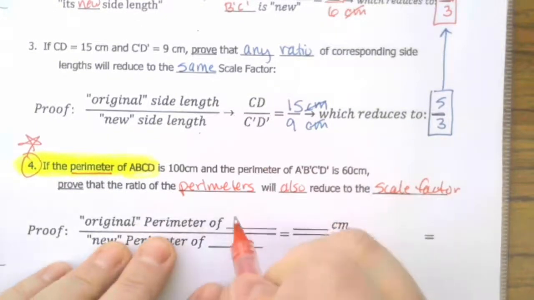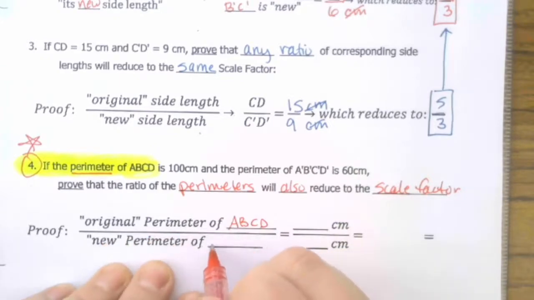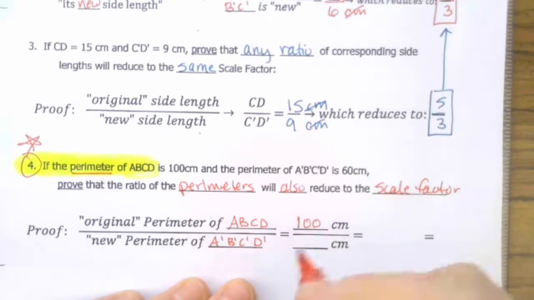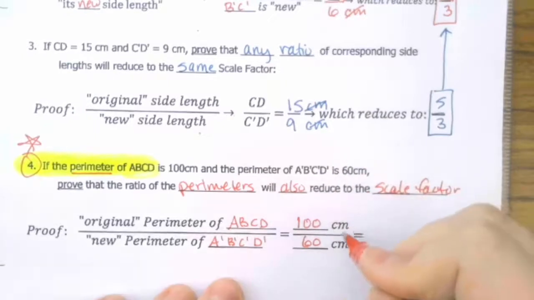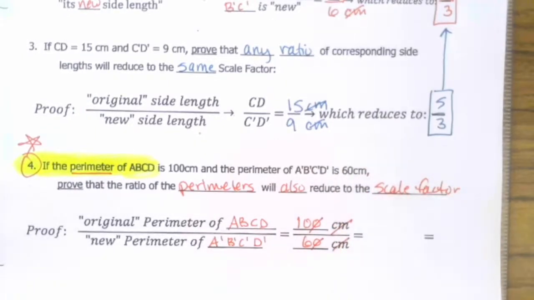Okay, let's fill this in. The original perimeter of ABCD over the new perimeter of A prime, B prime, C prime, D prime. And they've given you the perimeters. So ABCD is 100 centimeters. A prime, B prime, C prime, D prime is 60 centimeters. And let's reduce that. Centimeters divide out. Tens divide out.